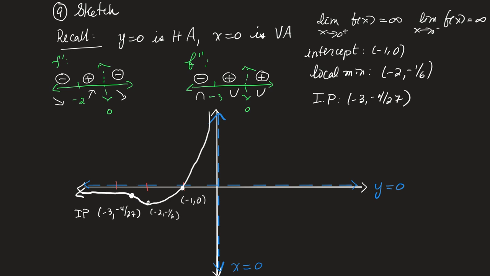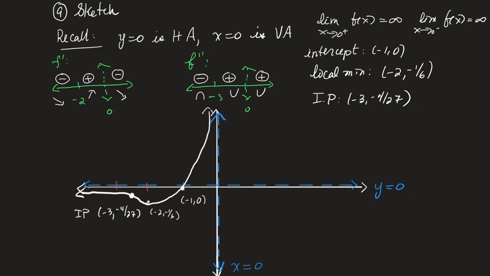That's my inflection point. Okay, let's just double check. So from the information I'm given, f should be decreasing until it gets to minus 2. And then after that, it's increasing all the way to 0. As well, it should be concave down till it gets to minus 3, at which point it switches to concave up.